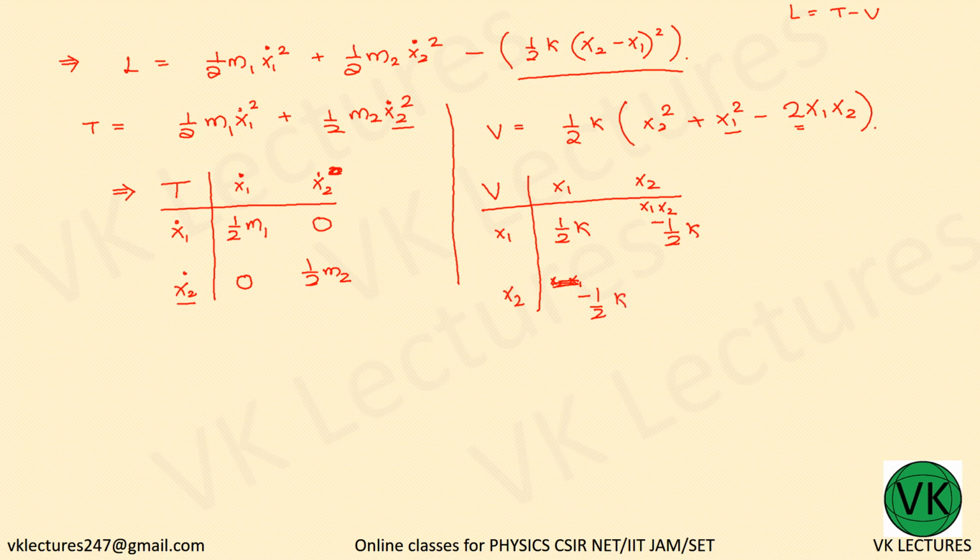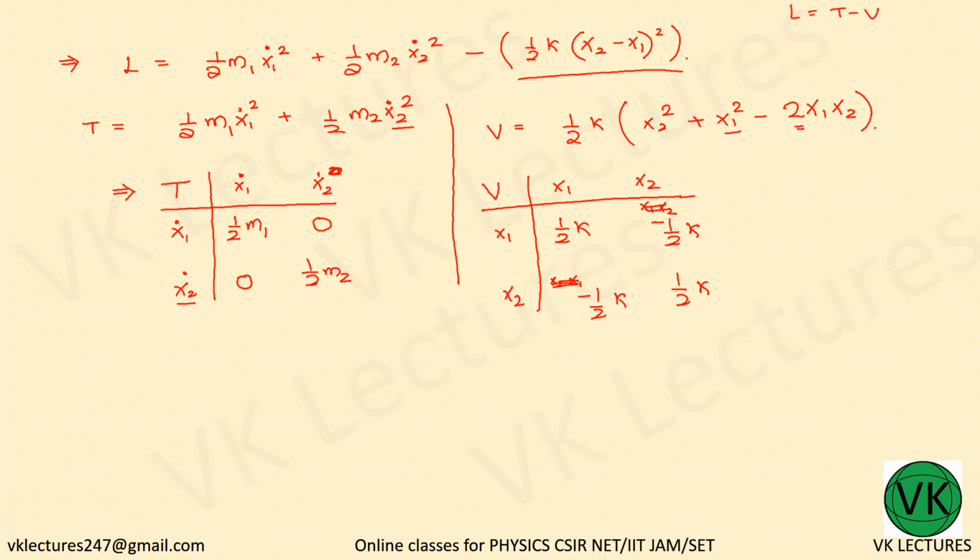This is in order to avoid redundancy. Now x2 x2, so this is x2 squared, so it's again half k. Now this is the matrix.